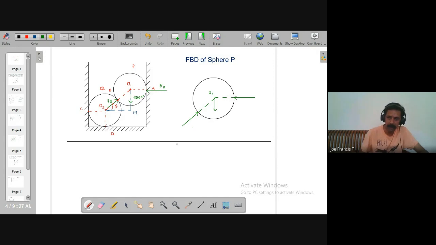So I'll mark all these forces. You have 500 Newton here. This force is RA. And this is RB, which is making an angle of 37 degrees with the horizontal. So this angle is 37 degrees.